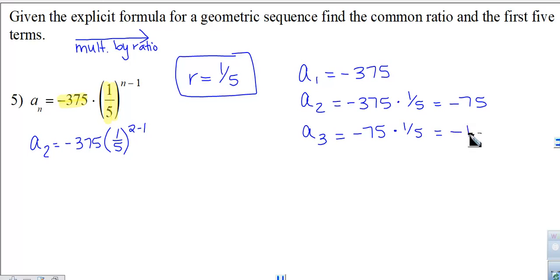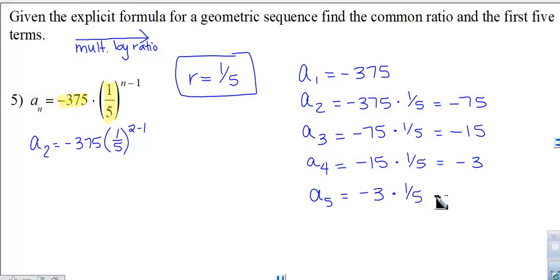That gives me -15. I'll do the same thing to get term number 4. I will take term 3, -15, multiply by 1/5, and I get -3. Finally, to get term 5, I will take -3, multiply by 1/5, and my final answer is -3 over 5.